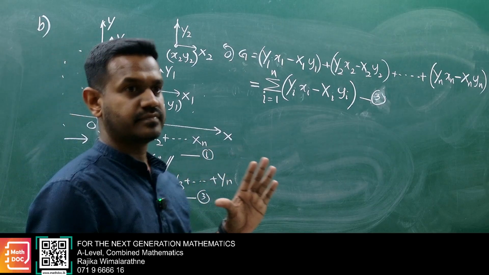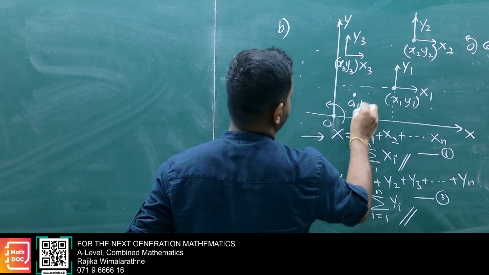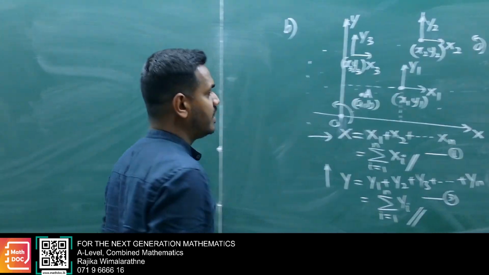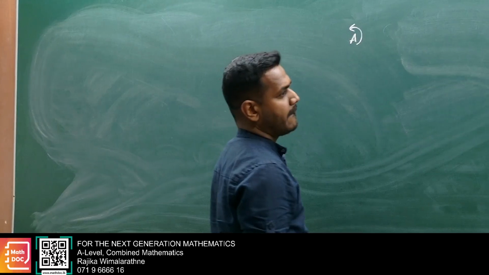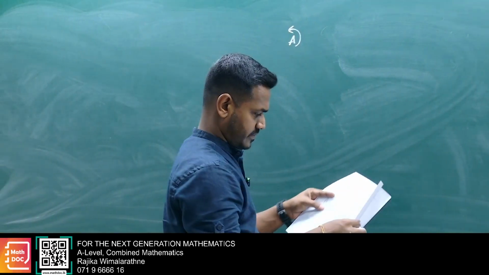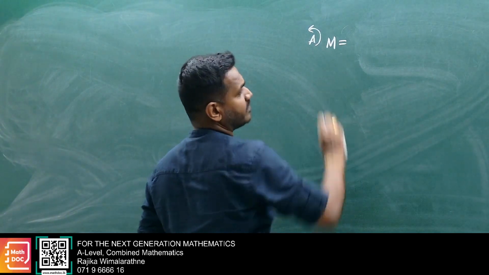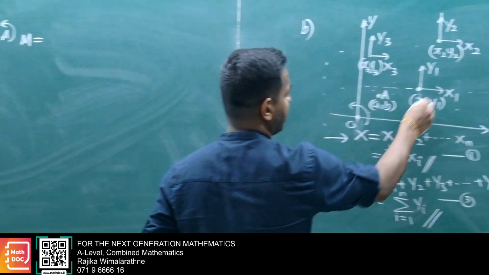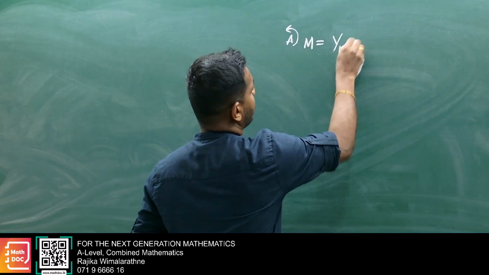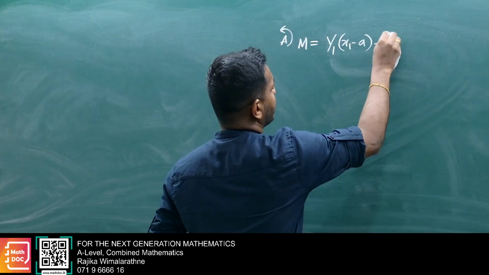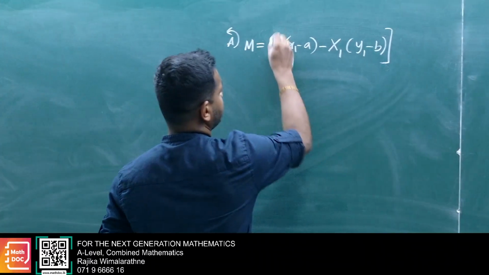Okay, see this relation. Then about the point (a, b), I'll write the moment about A, that is M. Then Y1 times (x1 minus a) minus X1 times (y1 minus b). Here is the first couple.